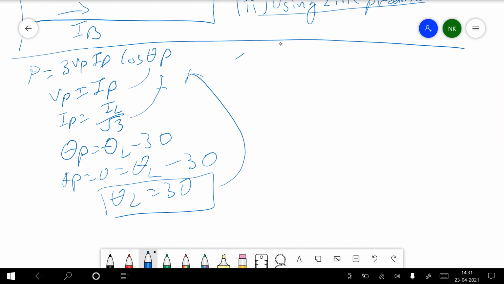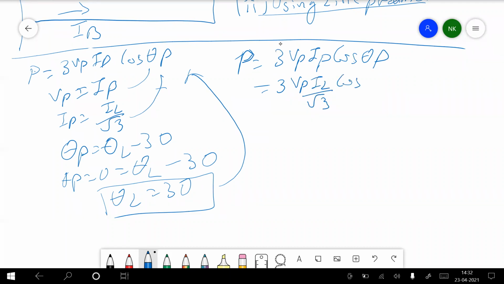What we'll get is P equals 3 Vp Ip cos theta p, which will be 3 Vp, sorry, VL, IL by root 3 cos. Now this is theta L minus 30, and this value is again 30, so it will be root 3 VL IL.